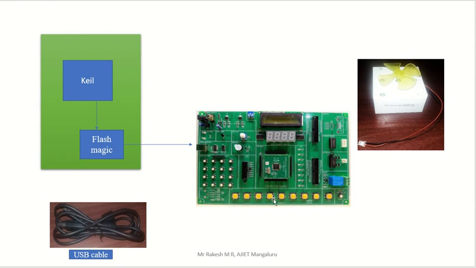That means in the program itself we mention the switch names: which switch is selected for clockwise direction, and which switch is selected for anti-clockwise direction. All that information is written in the code itself. So you can select that particular switch for clockwise and anti-clockwise direction.